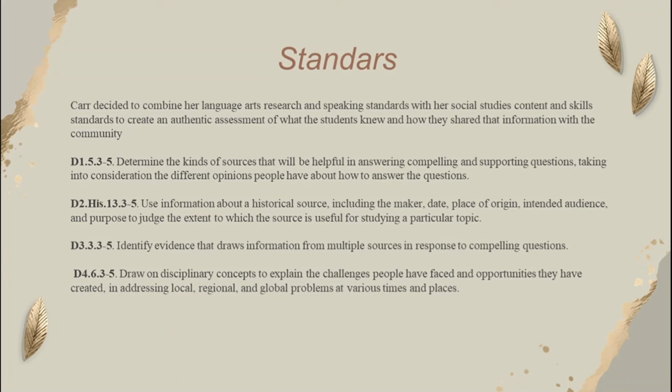The first is to determine the kinds of sources that will be helpful in answering compelling and supporting questions, taking into consideration the different opinions people have about how to answer the questions. Second, use information about a historical source, including the maker, date, place of origin, intended audience, and purpose, to judge the extent to which the source is useful for studying a particular topic.